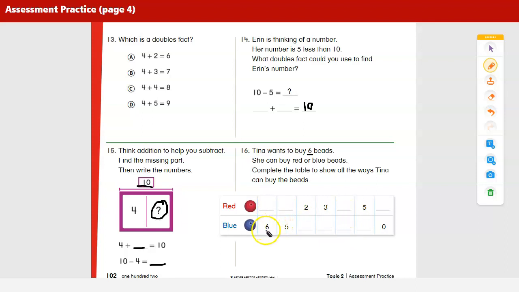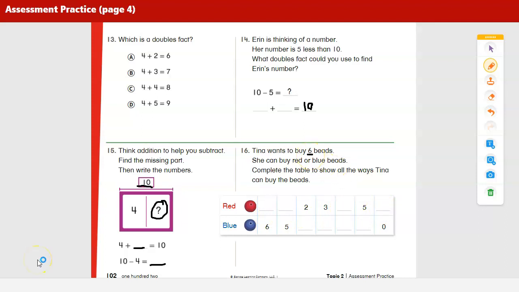So we know our total, so our biggest number on our chart is going to be 6. And our smallest number on our chart is going to be 0. So if I am counting up, I will start with the number 0. And when I get to the top, I know I am only going up to 6.